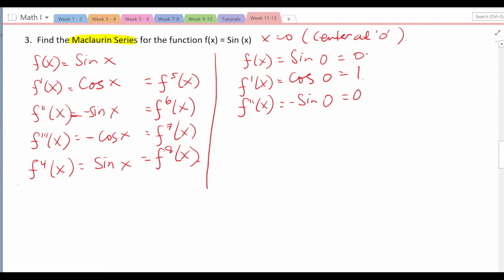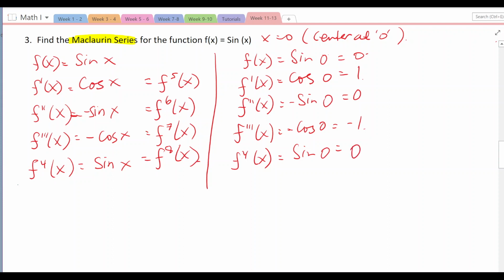For the third, negative cos 0 becomes negative 1, and the fourth is sine 0, which is 0.